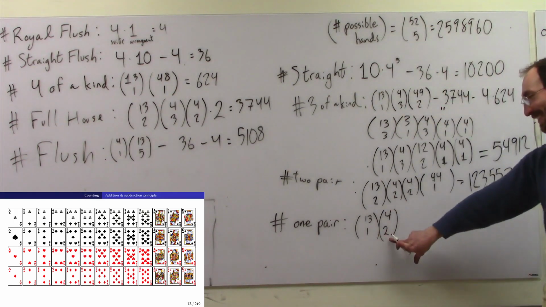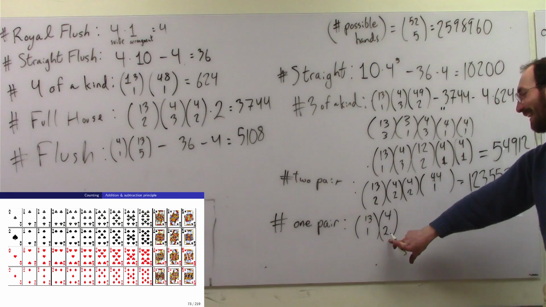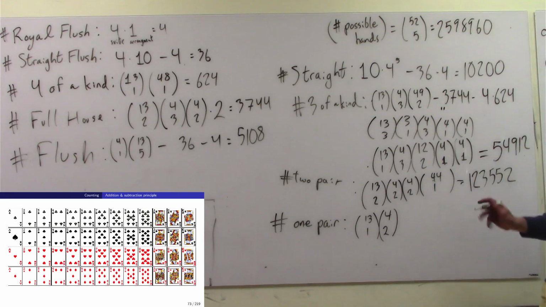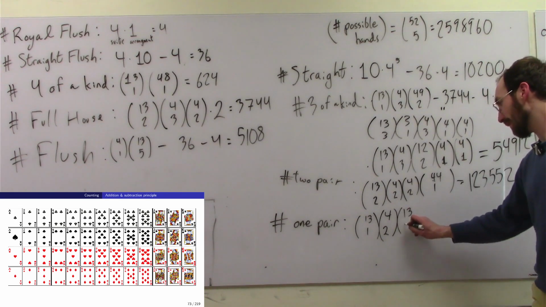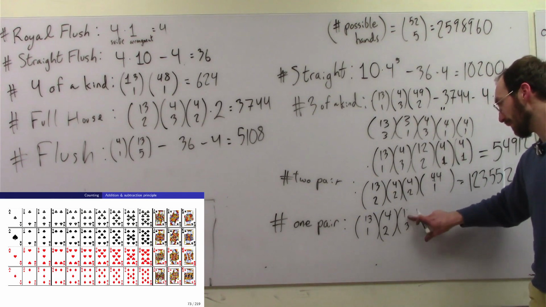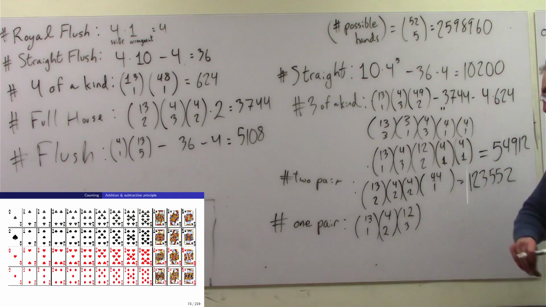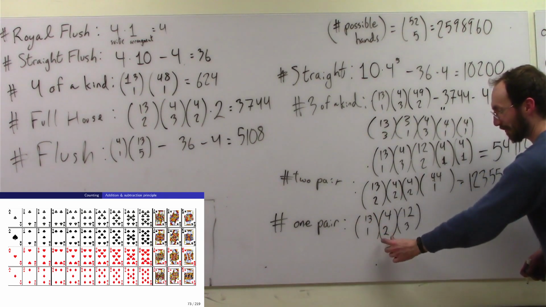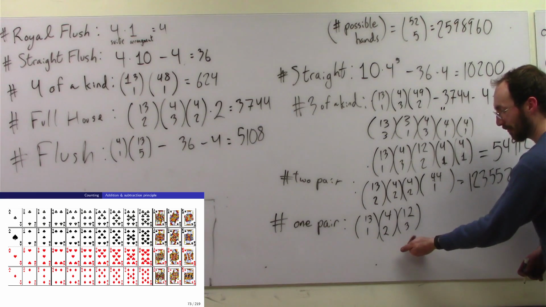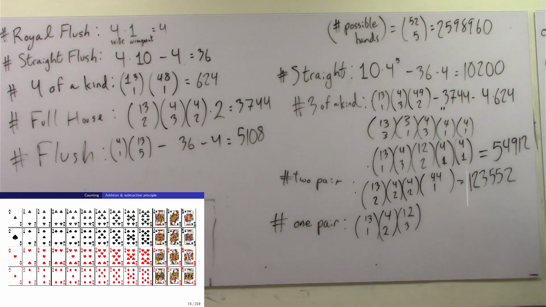Okay, I choose my pair. Now I want to make sure of the last 3 cards. Let's choose them. 12 choose 3. There we are. We have 12 ranks remaining because I don't want to think about this pair anymore, and I choose 3 from there.